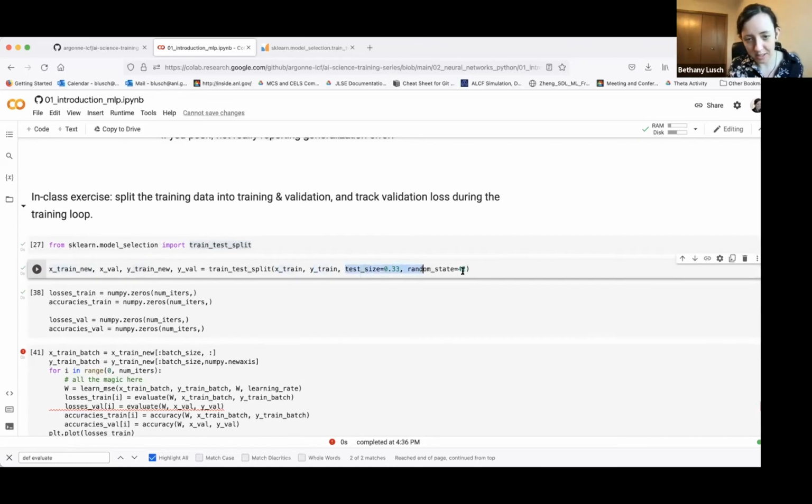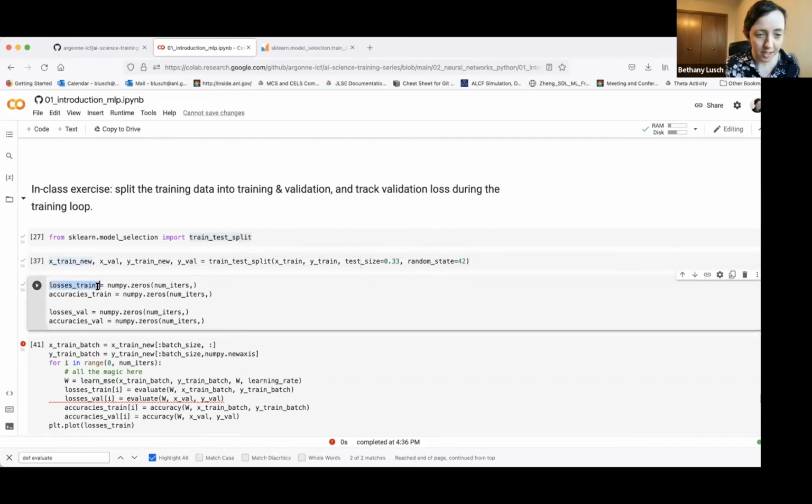I stuck with their default suggestion of 1/3 be split off for test, which we're calling val, and their random state of 42. And just so I don't mess up, I called them X train new and Y train new. In Jupyter notebooks, we can create a mess of losing track of the order of running cells.